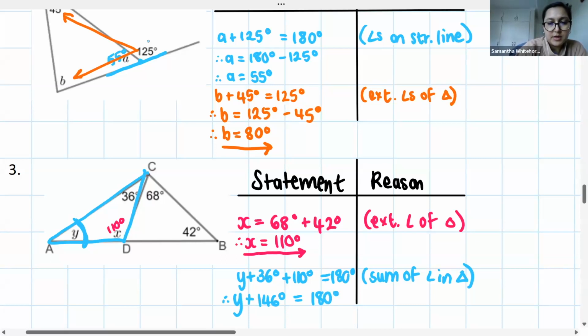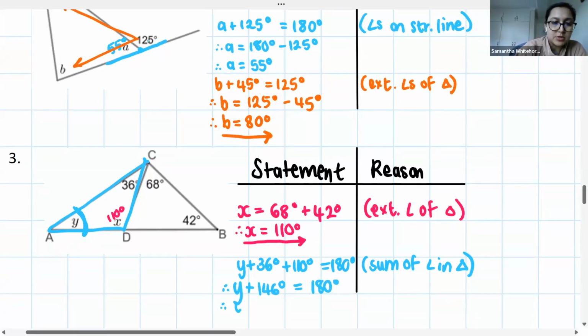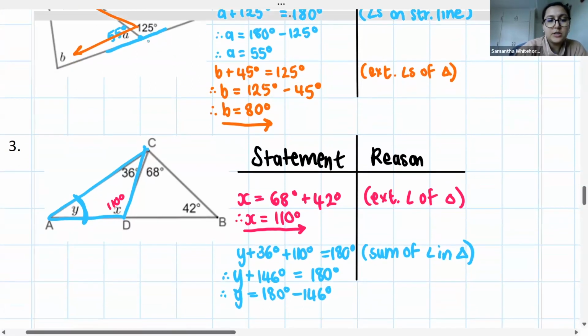And then I'm going to use my inverse operation. So I'm now going to subtract 146 on both sides. It would help if I wrote 146 on both sides of my equation. And so I get that Y is equal to 34 degrees.